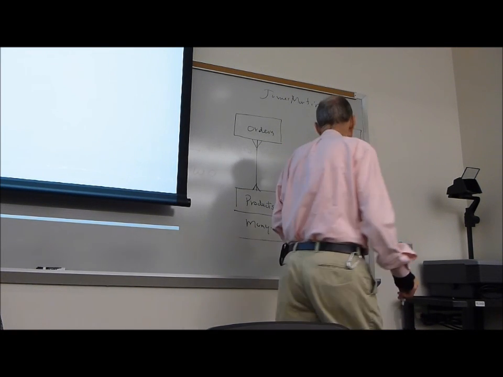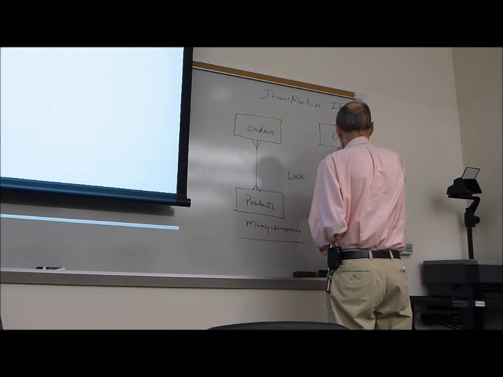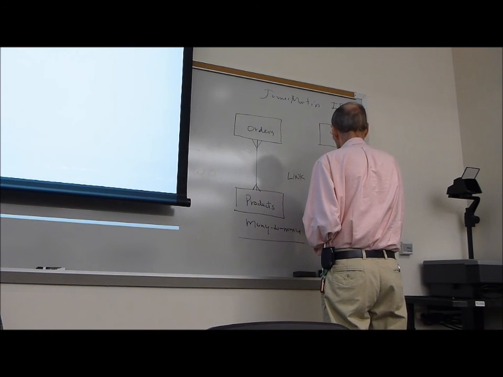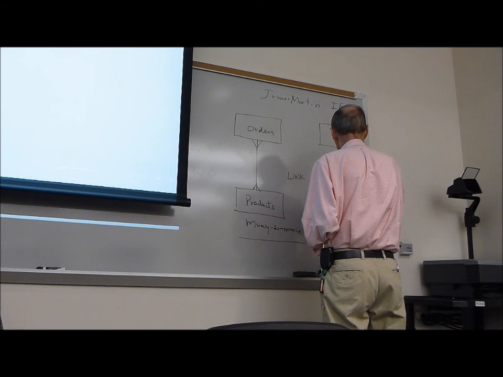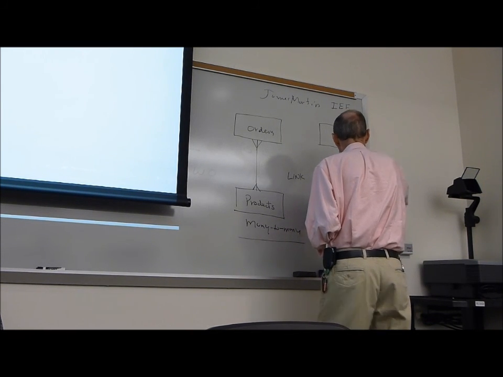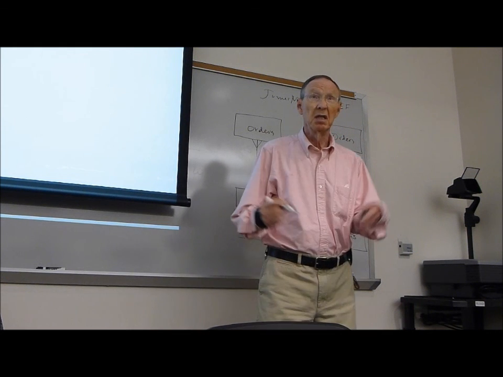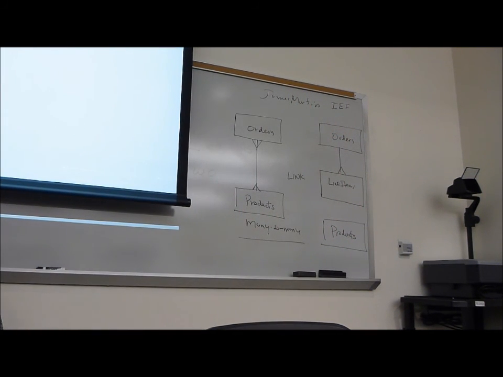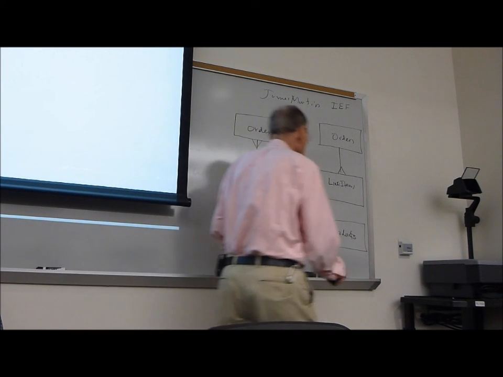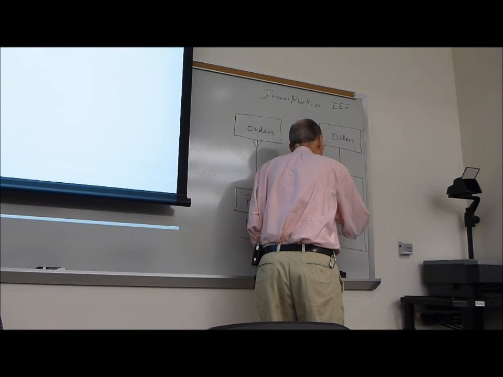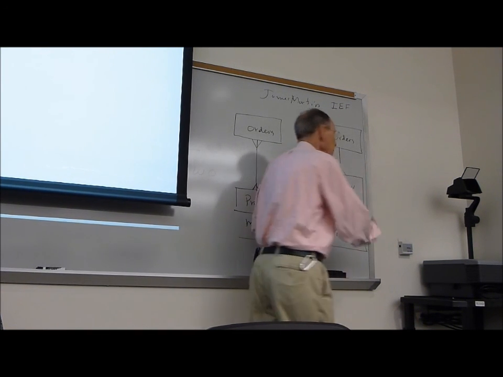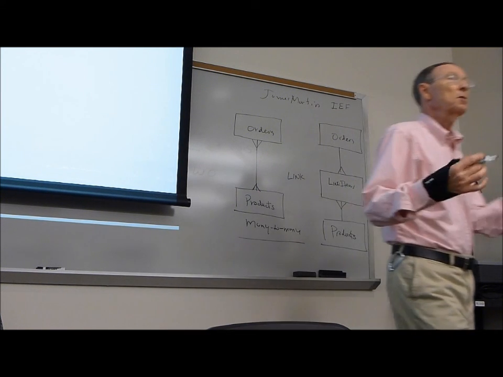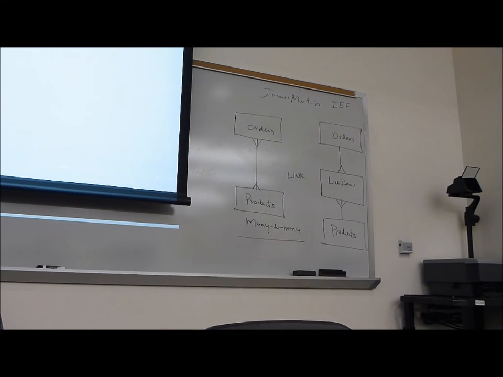Now I'll just use the term line items here because that's easy. Our orders can have one or more line items, meaning I can order one or more products. And a product can participate in more than one line item, but on different orders.